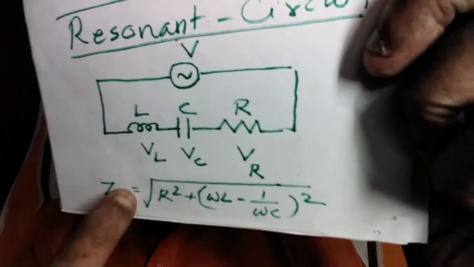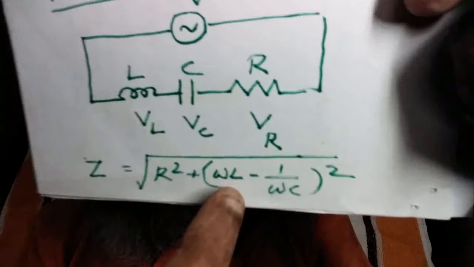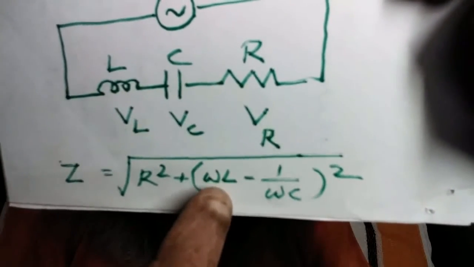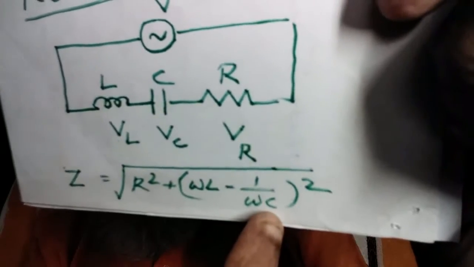That means current will be less. So at low frequencies, current conducted by the circuit is small. When the frequency is very high, the omega L term becomes predominant. Omega L becomes large, and 1 by omega C becomes small.